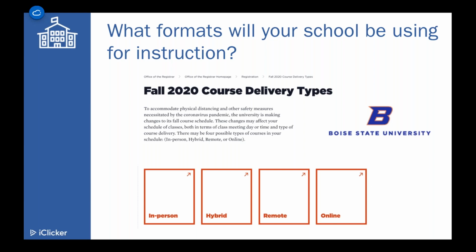And after Thanksgiving, it doesn't matter what format you are teaching, everything will be online. So that's where we are right now. Okay, so that's going to be important. You're having everybody use mobile, and when you go online at Thanksgiving, you'll be able to transition folks. You'll use the assignments feature with your remote setting, and you can use any of the iClicker settings across online, hybrid, and in person.